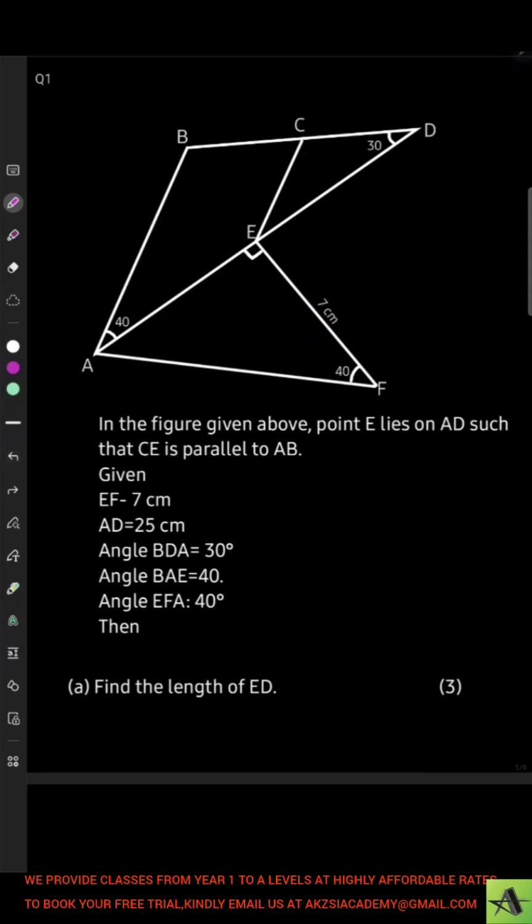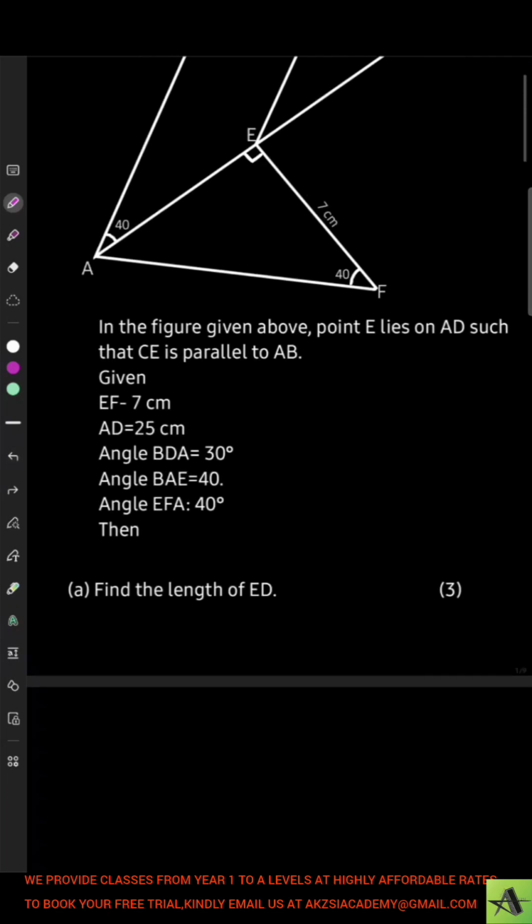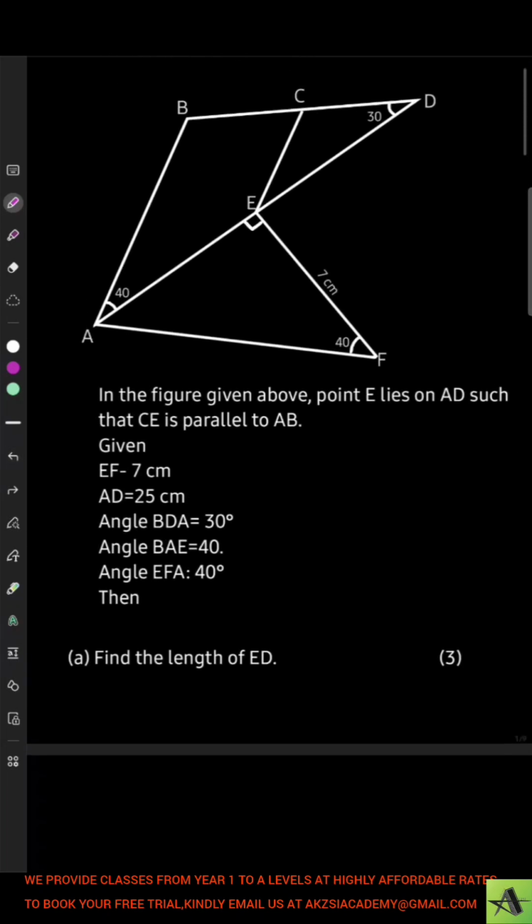And then we have some parts. The first part is find the length of ED. Since I can clearly see that this is a combination of triangles, I can easily understand that I have to apply sine rule or cosine rule, because not all triangles are right triangles.